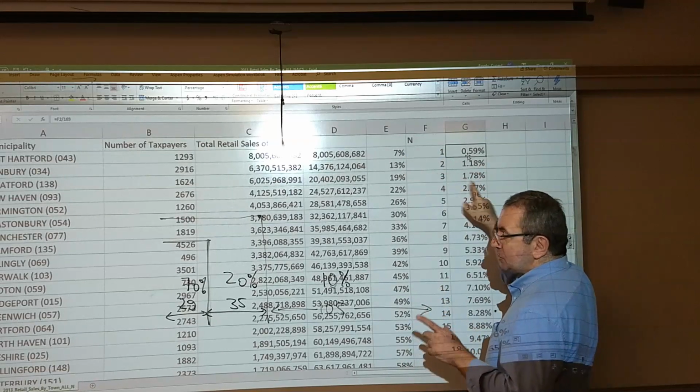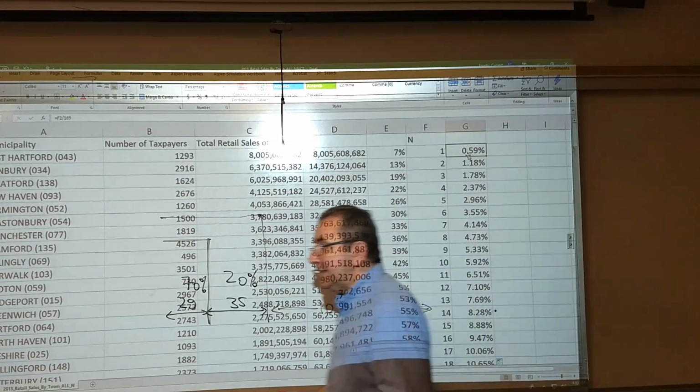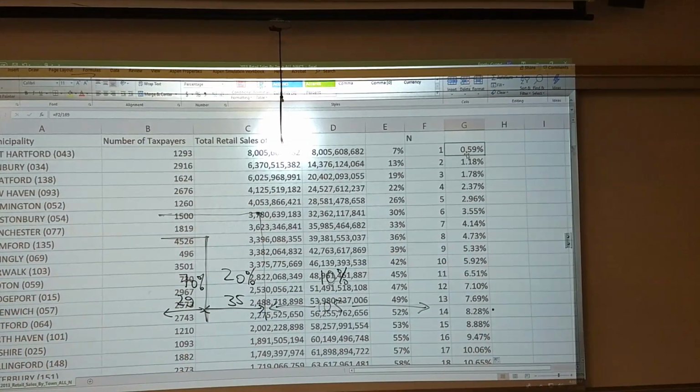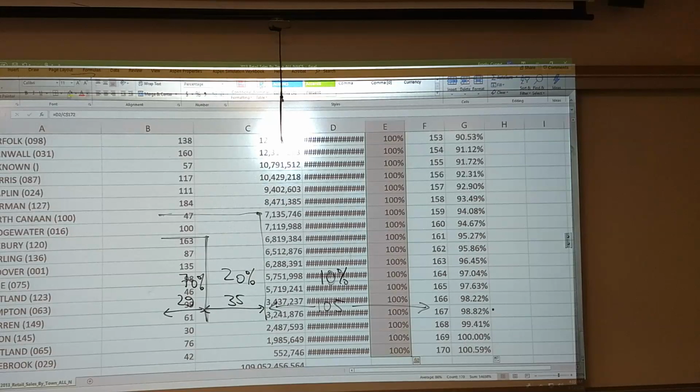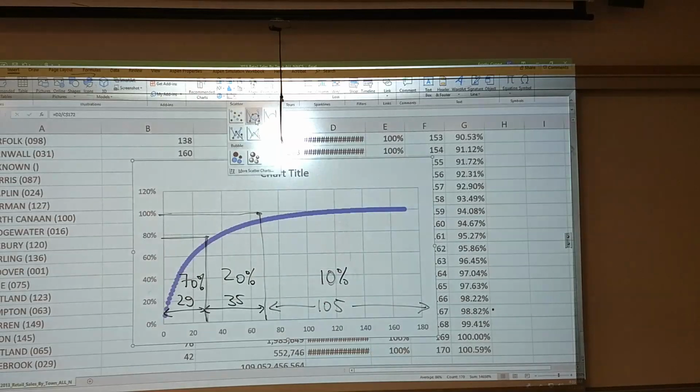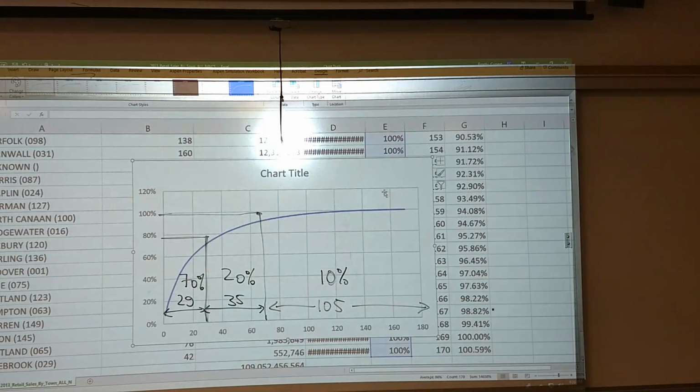1.18 accounts for this much, etc. And then I can draw a scatter plot, okay? So this is going to be here, and then insert scatter plot. Where is this? Here, okay?